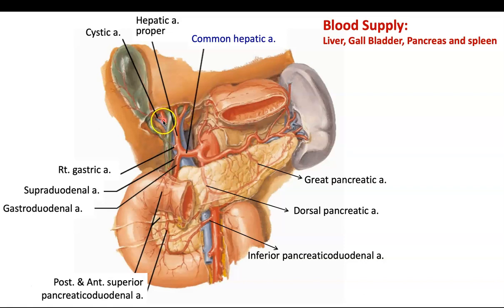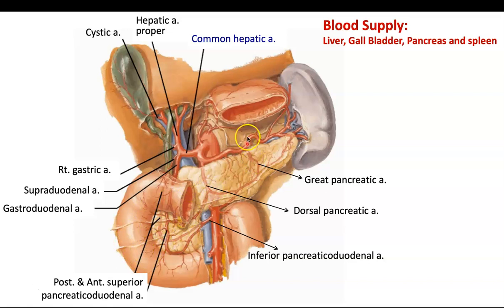A small branch, normally from the right hepatic artery, though it may come from the left hepatic artery or hepatic artery proper as well, called the cystic artery, provides blood supply to the gallbladder.